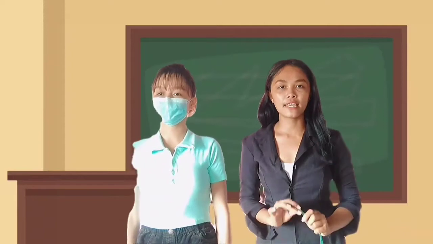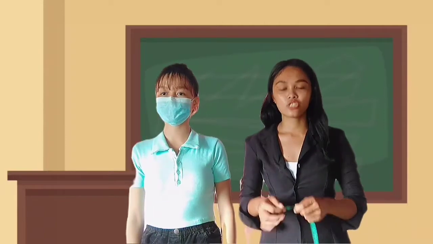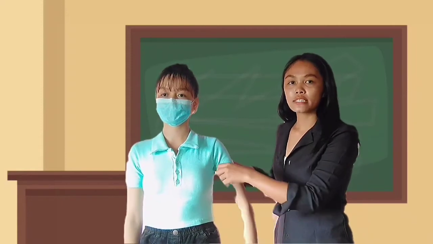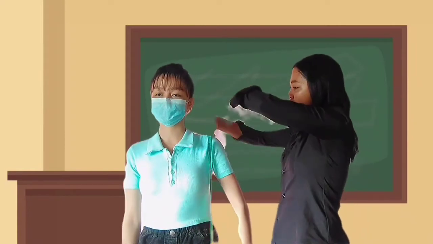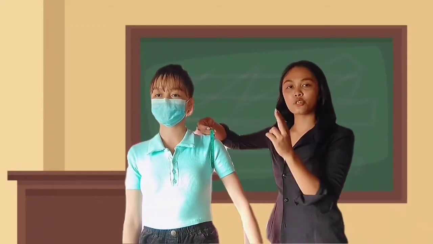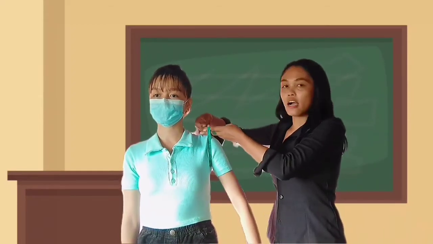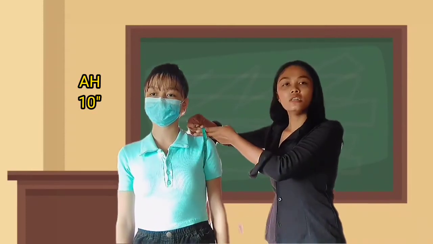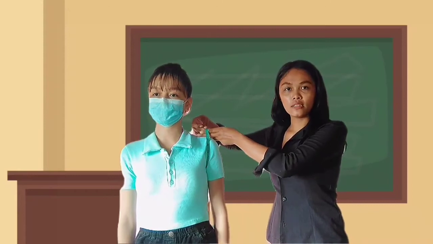The next one is the armhole, which is taken all around your shoulder tip point or shoulders, and insert 2 fingers for the allowance. That is the armhole.